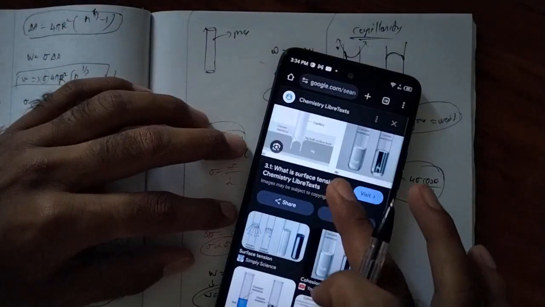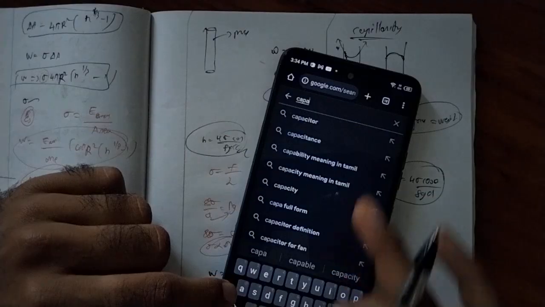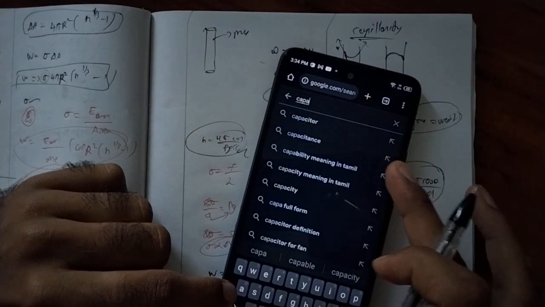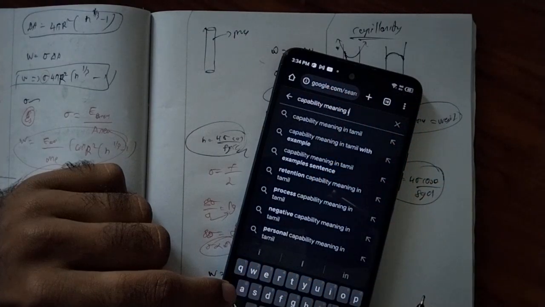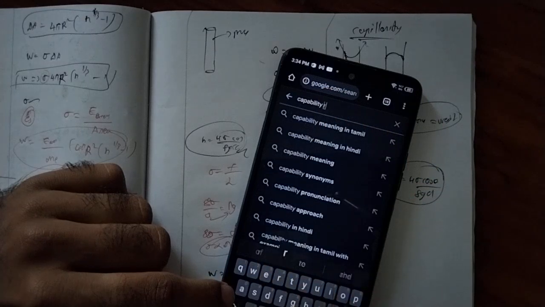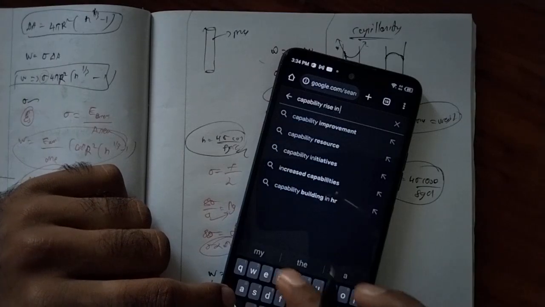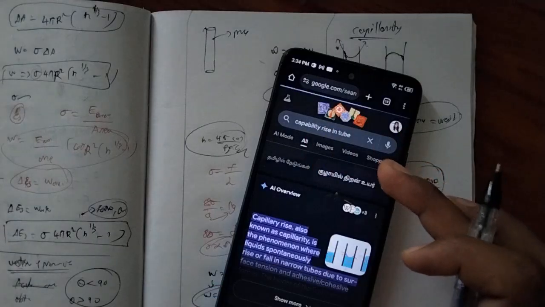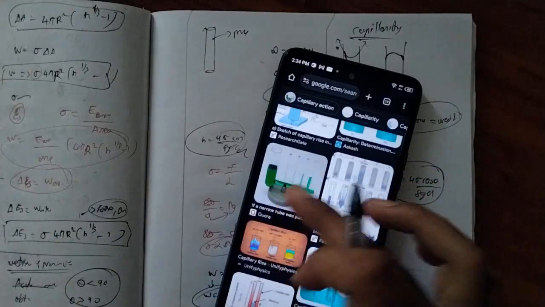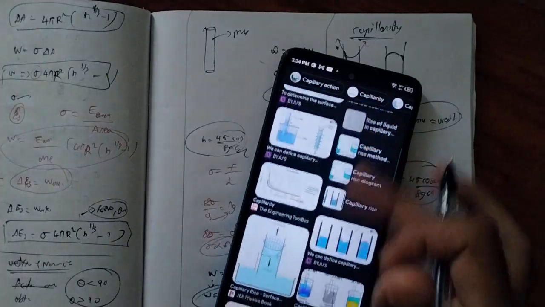See, this kind of thing always comes under capillarity.